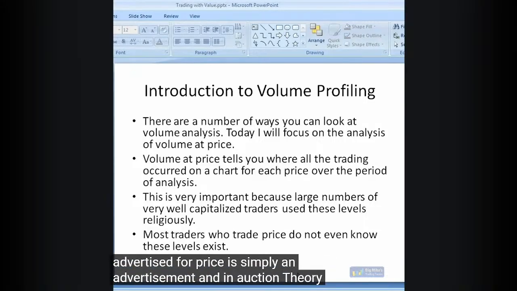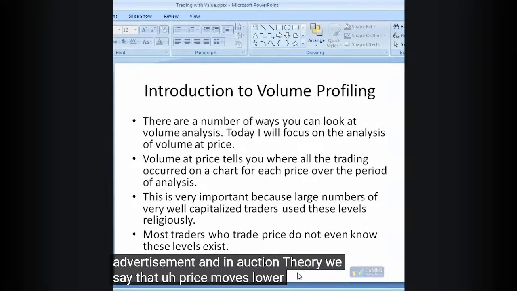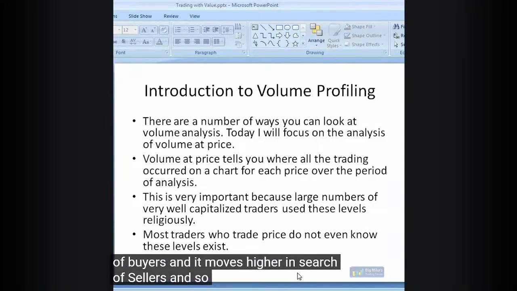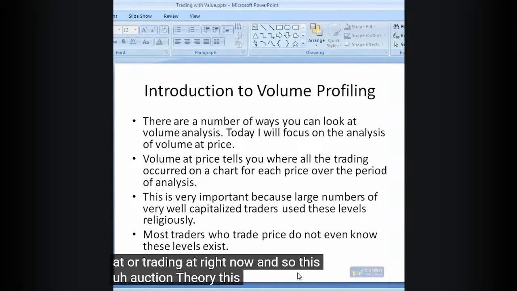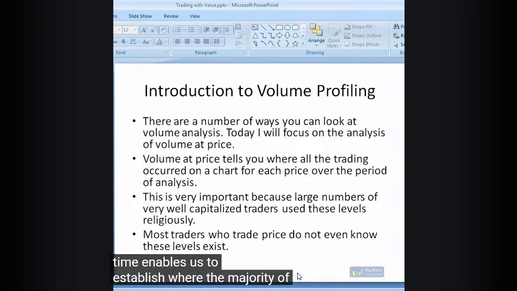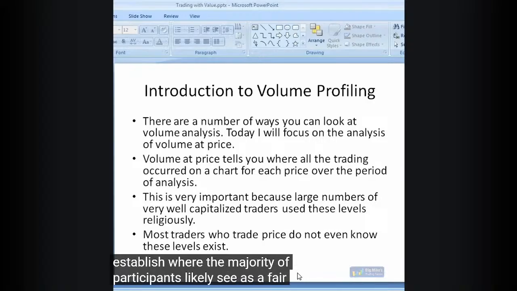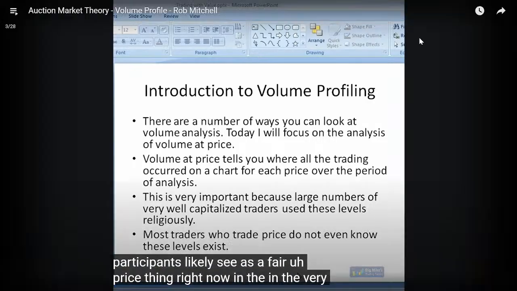And in auction theory, we say that price moves lower in search of buyers, and it moves higher in search of sellers. The actual value is what the collective population participating in that price believe is a fair value, whereas the price is what it's selling or trading at right now. So this auction theory, this use of statistics to analyze where the price is trading in time, enables us to establish where the majority of participants likely see a fair pricing right now in the very recent past.